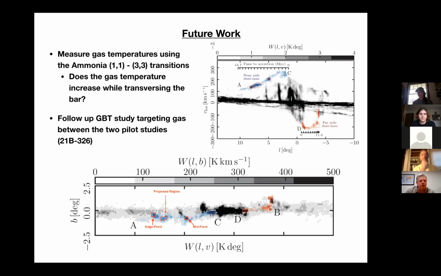So one of the thoughts we had was, with some of the future studies, to attempt to include some of the higher J transitions. Like, I think using Vegas mode 20, we can get up to the 5-5 line. So maybe tweaking some of our spectral setup to target some of the higher ammonia transitions instead of, for example, the HC5N that they had with the gas study. So mainly trying to target as many of the ammonia lines as possible to get a better fit on the gas temperatures. But yes, we want to fit the gas temperatures going forward.